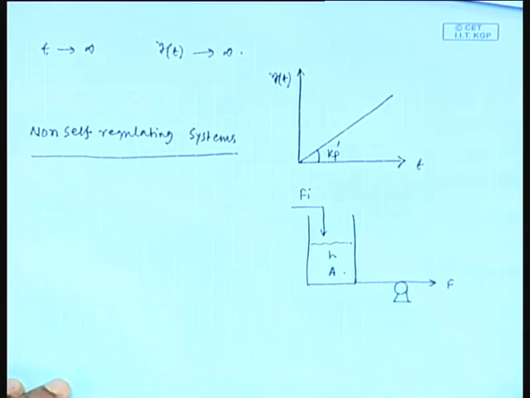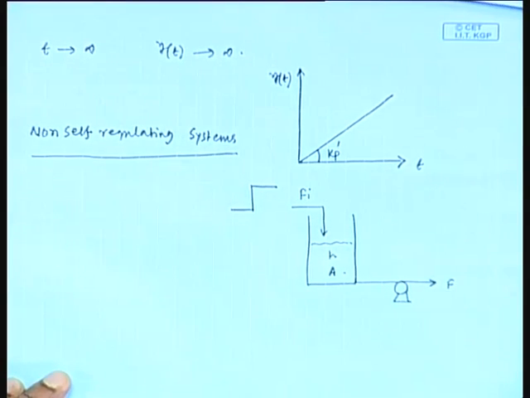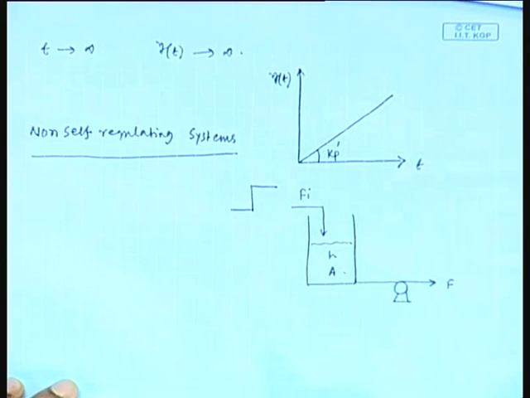Fine. Now, we are introducing a unit step change in Fi. Then what happens? The height increases because this pump is delivering constant output. So, height gradually increases with time.